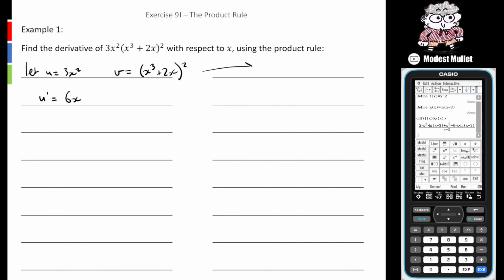So I'm going to let g equal x cubed plus 2x. So g dash is equal to 3x squared plus 2. And from that, we also get that v is equal to g squared, which is this bit here simplified by putting g in it.